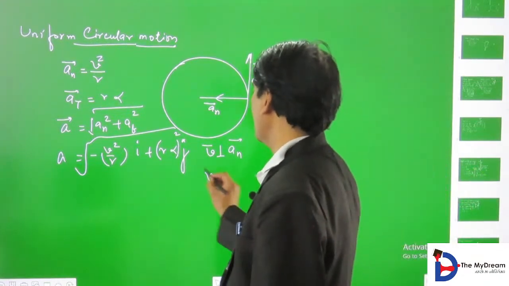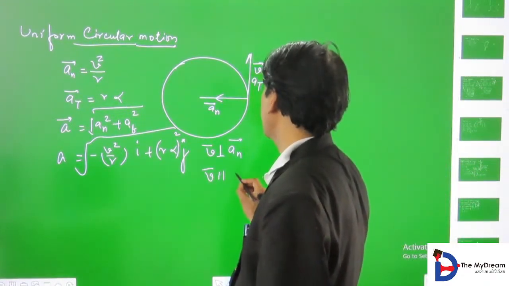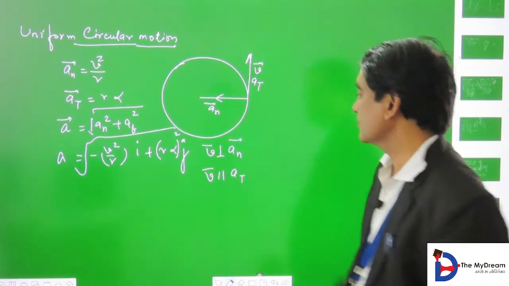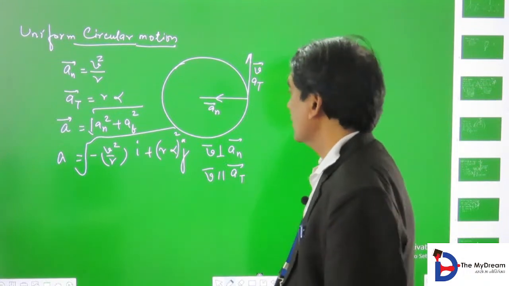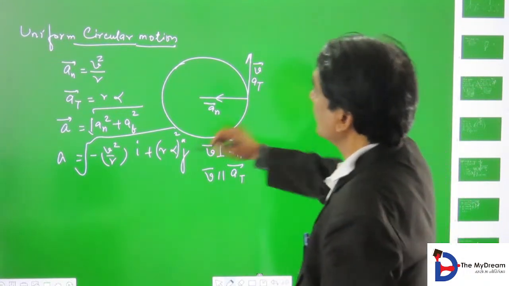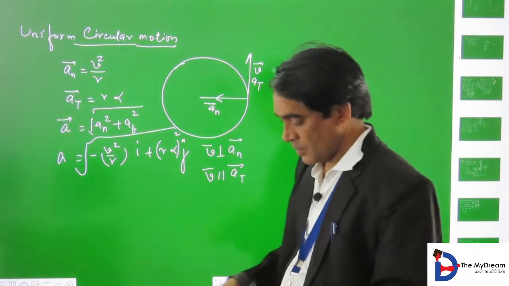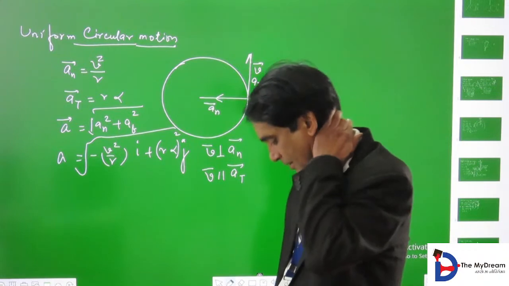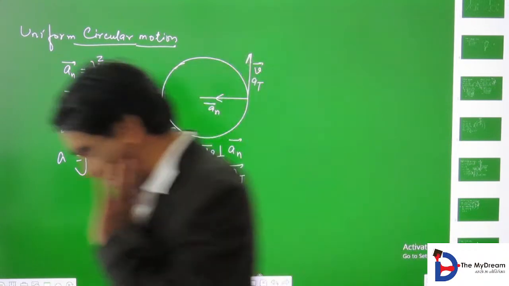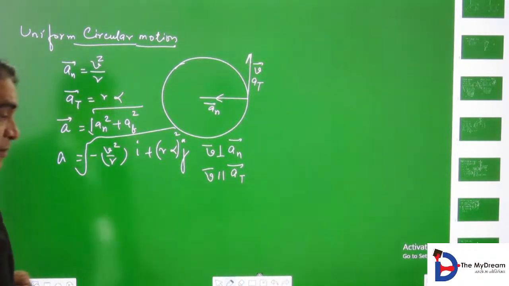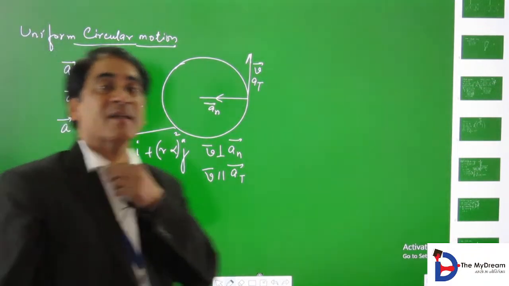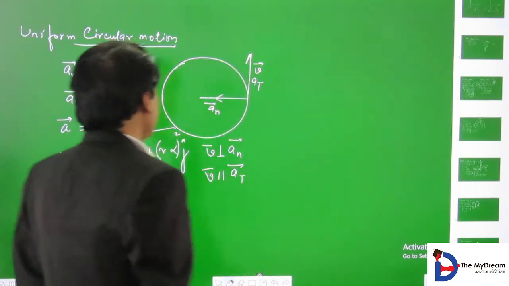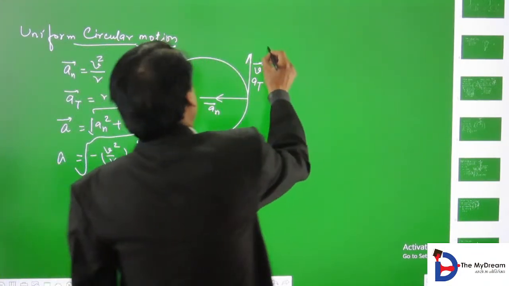But you see, velocity is parallel to the tangential. So this says something about circular motion: it is uniform here. What happens in uniform? When an object is moving with a uniform velocity, then the tangential acceleration will become zero.